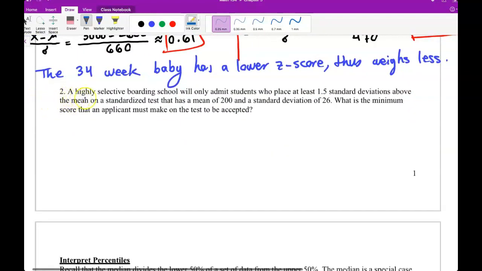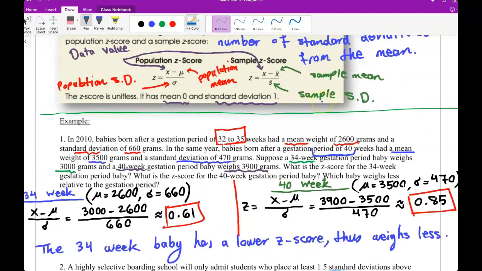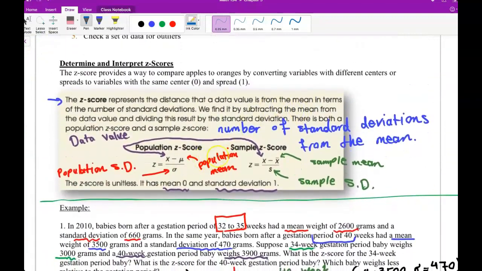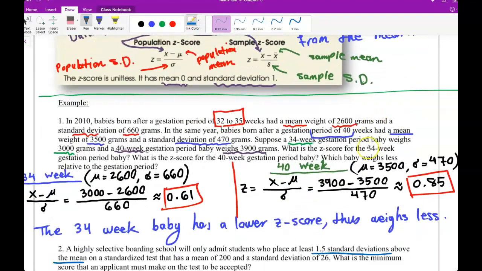Now example number 2. A highly selective boarding school will only admit students who place at least 1.5 standard deviations above the mean. So how many standard deviations do we have? This is the definition of the z-score: the number of standard deviations from the mean.